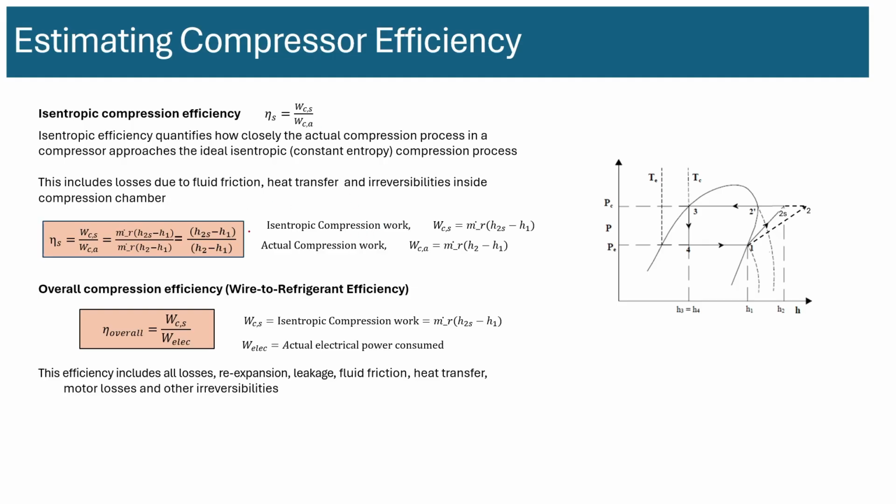Okay, the formula is given here. For the overall compression efficiency, you divide the isentropic compression work by the electrical compressor power. Okay, so this includes all losses, and the isentropic efficiency will typically be higher than the overall compression efficiency, which is the wire-to-refrigerant efficiency. All right.